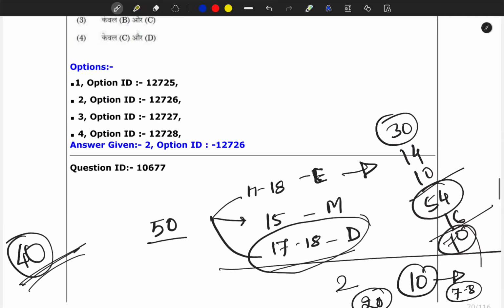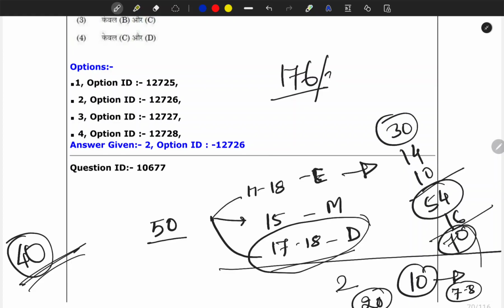So for me, this was a moderate to difficult paper. This was not so easy, because we only got 35 questions of easy nature. Usually it should be more than 40%, but 30-35 questions will be of easy nature, and accordingly the cutoff will be decided. I think I scored around 178 in that paper, or 176, I guess.